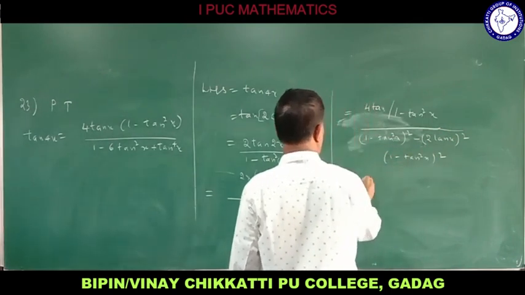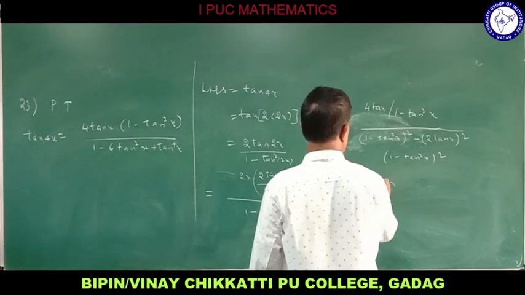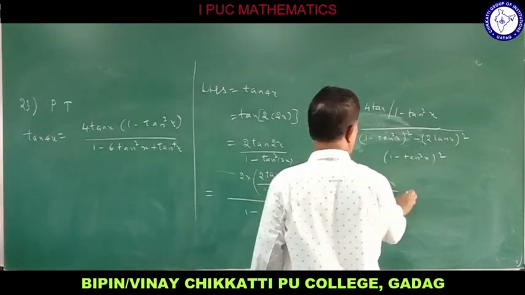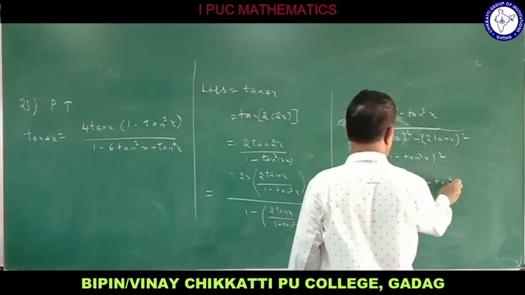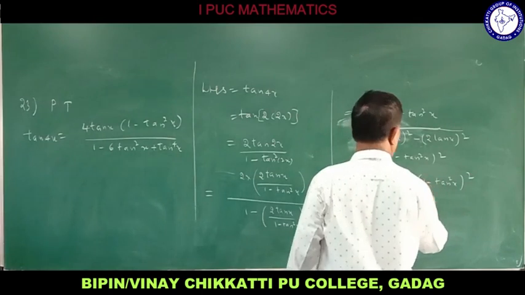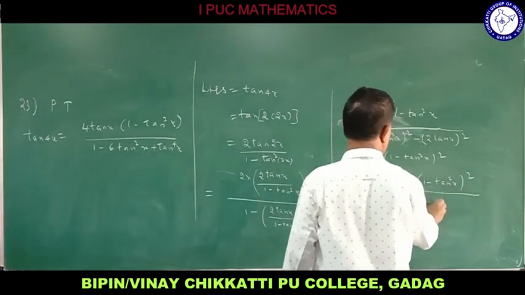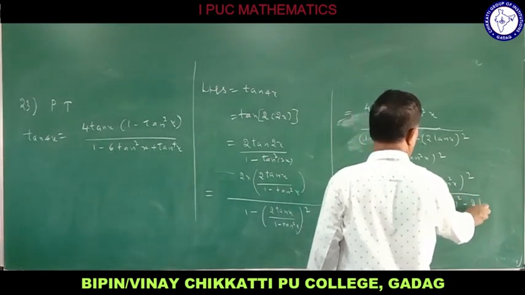So you can write 4 tan x divided by 1 minus tan square x, and the denominator becomes 1 minus tan square x whole square minus 2 tan square x.